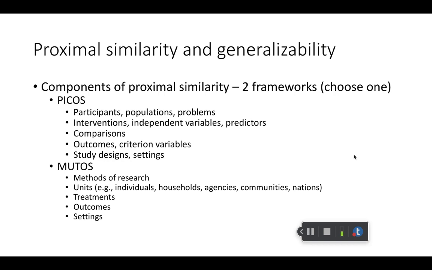And here the question is, to what extent are the participants in a study similar to populations and problems outside of the study that I want to generalize to? To what extent are the interventions or independent variables or predictors in the study similar to the treatments or variables, predictors that I want to generalize to outside the study? And so on. Again, use either the PICOS or the MUTOS framework. They're very similar.